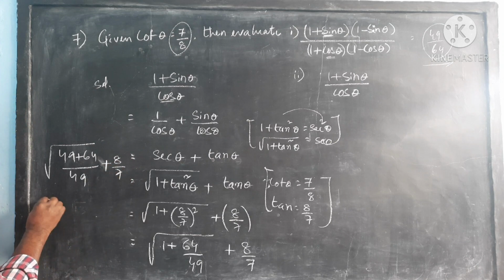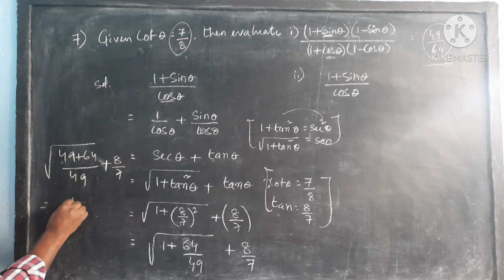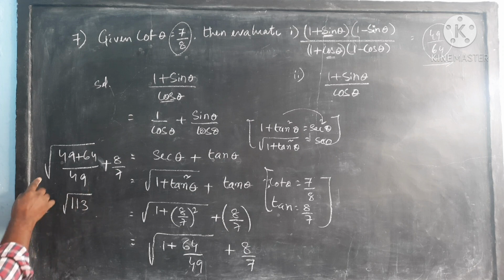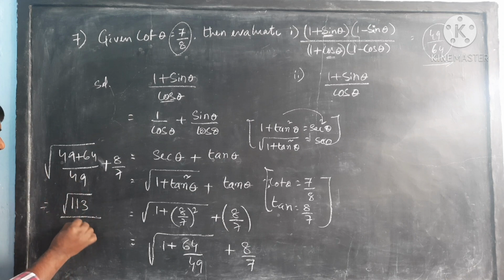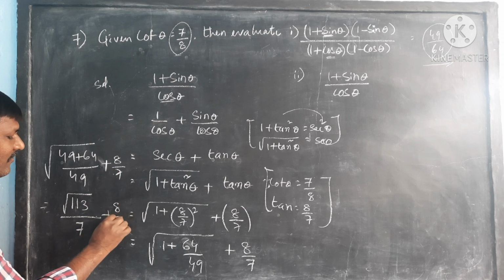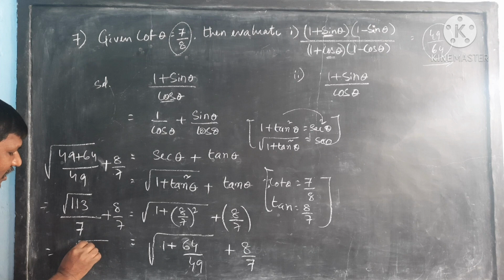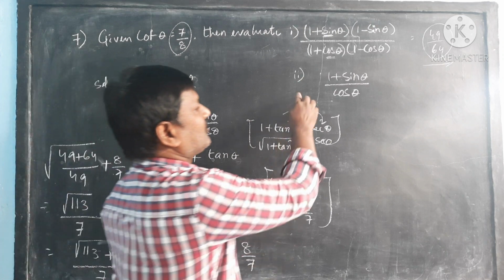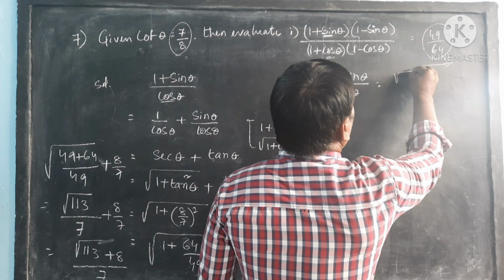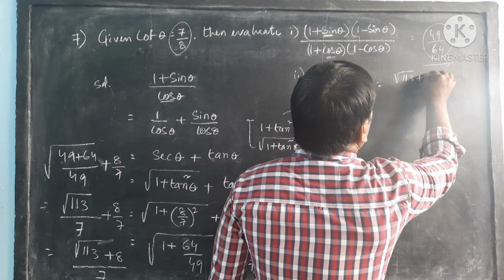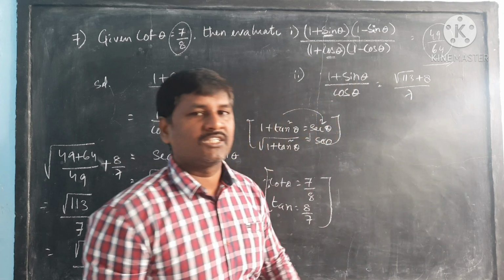Adding these two numbers, we get 113 under root, and the square root of 49 is equal to 7. Then the answer will be the square root of 113 divided by 7, plus 8 by 7. Therefore, the answer of this question is the square root of 113 divided by 7 plus 8 by 7. So the question is solved.